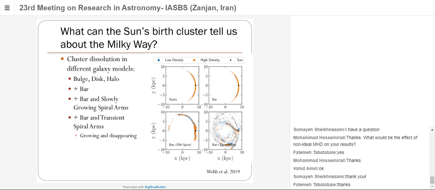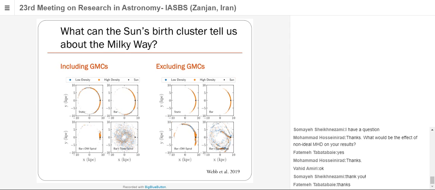And then while I haven't tested all forms of substructure, we've also done a test of what giant molecular clouds will tell us. And as you can maybe naively expect, having GMCs running around your galaxy model potentially serves as a source of energy injection, both to a star cluster as it's disrupting and to stars after they have escaped.